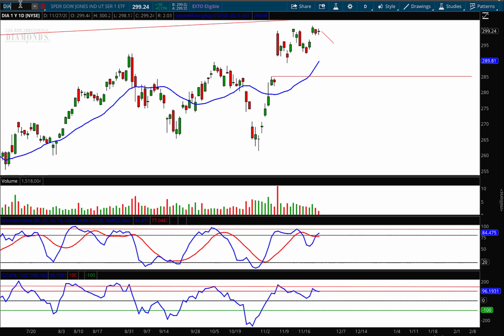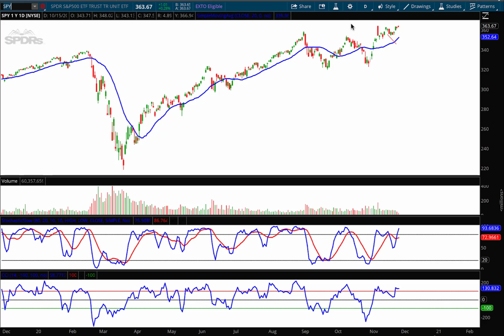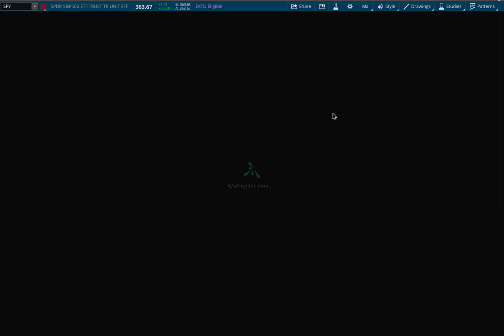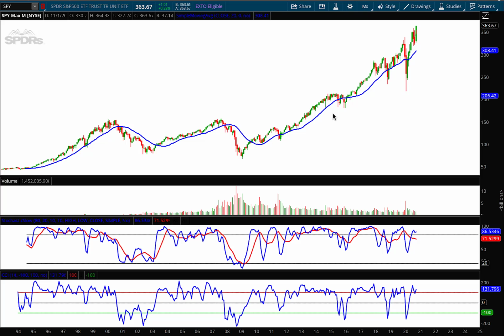Now, let's go to the SPY, and I want to look at this as well as a monthly chart. Again, this is 20 years of history, and you can see we have much higher highs followed by much lower lows, and that is an even more dramatic pattern when you compare it to the diamonds. And again, while we have higher highs, we have lower highs on the CCI.